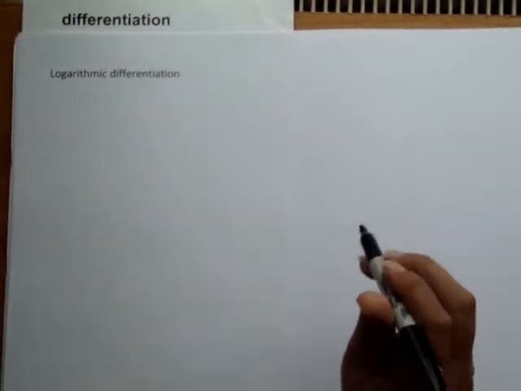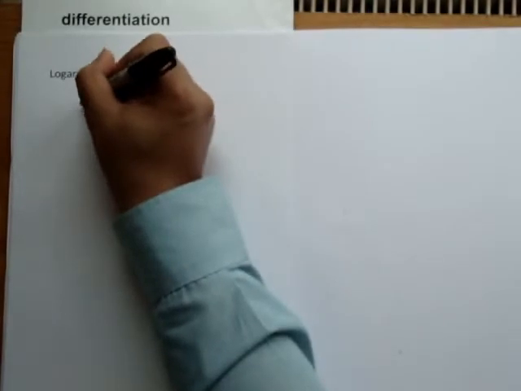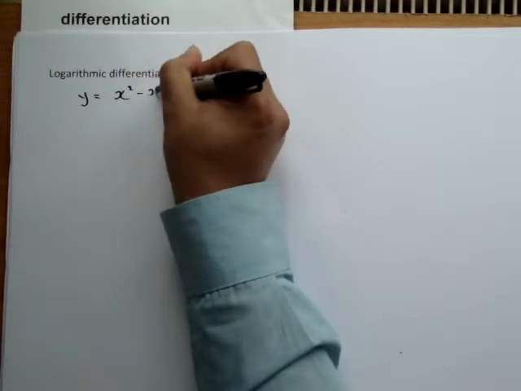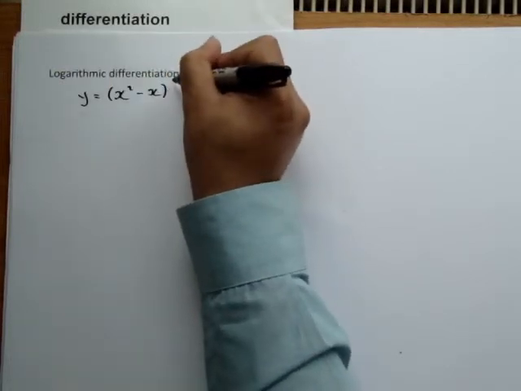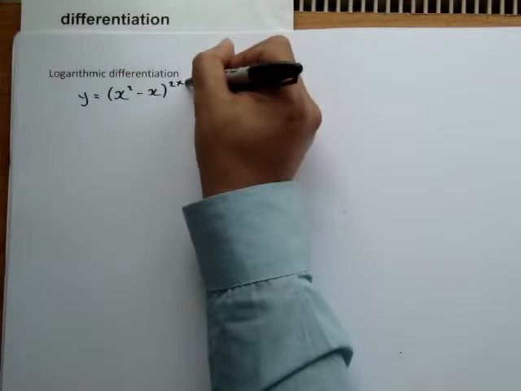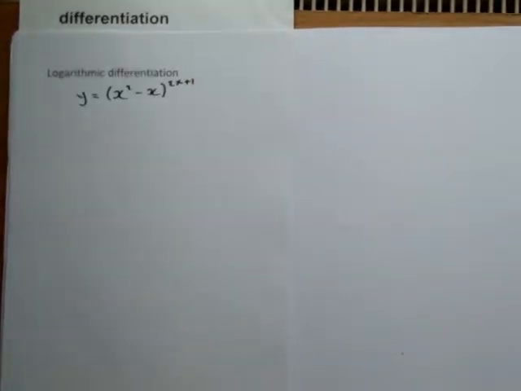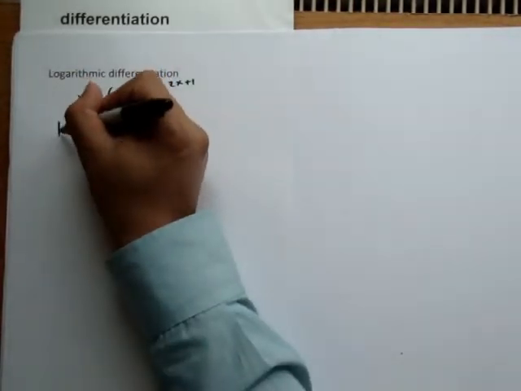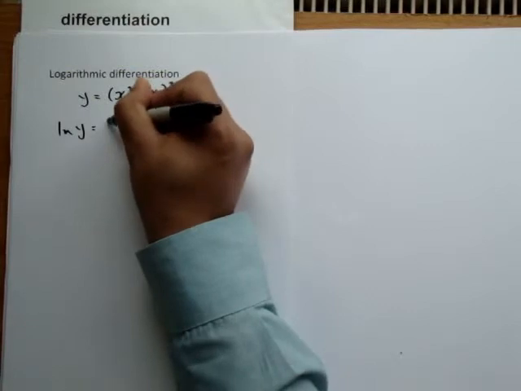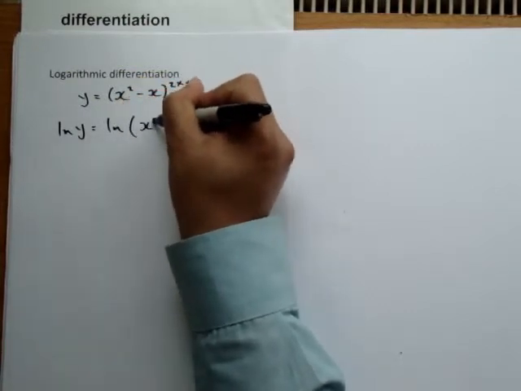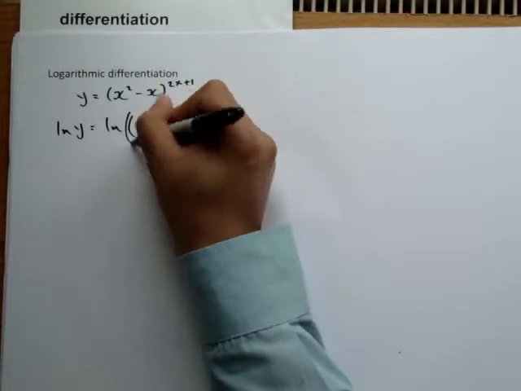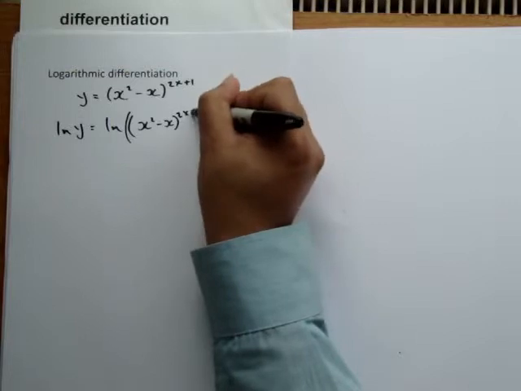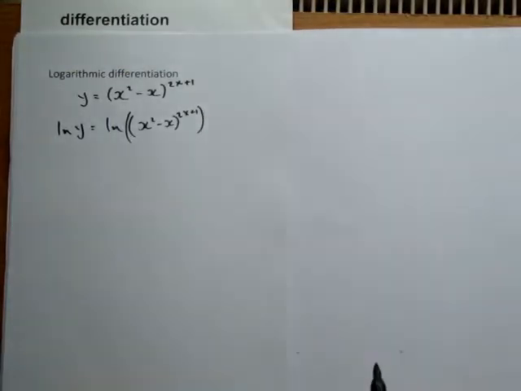Okay, let's do something slightly harder. y equals x squared minus x to the power 2x plus 1. So taking logs on both sides, we get natural log of y equals natural log of x squared minus x, to the power 2x plus 1, bracket around that.